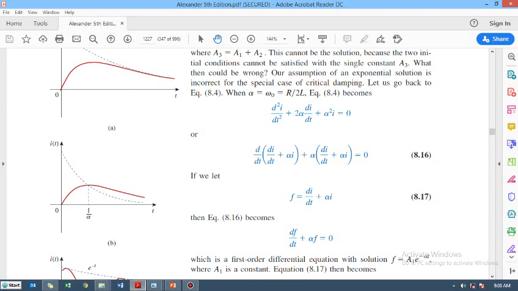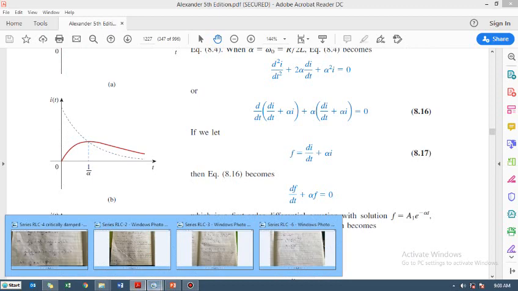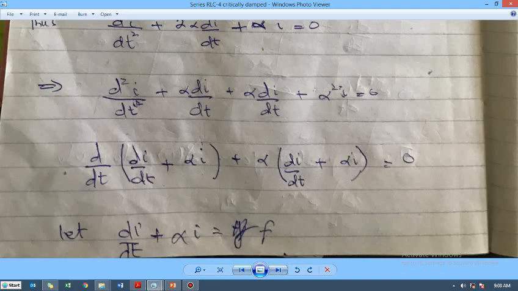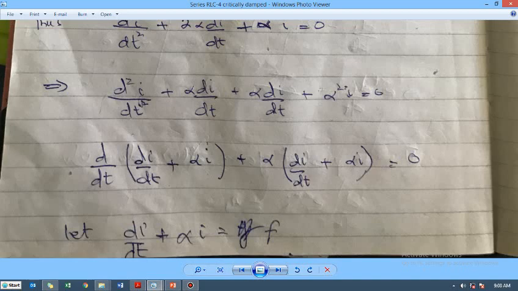So it will become alpha f here. Alright, what page was I on? Page 4. So this whole thing has been replaced with alpha f, and now I will show you the next page.